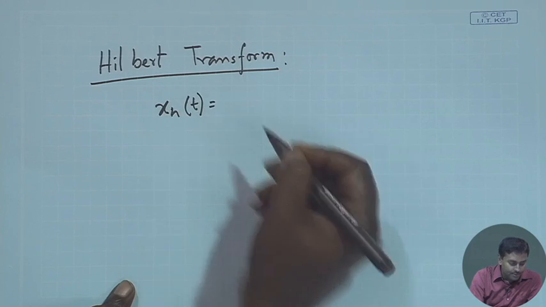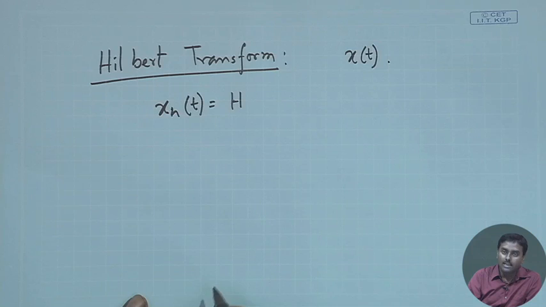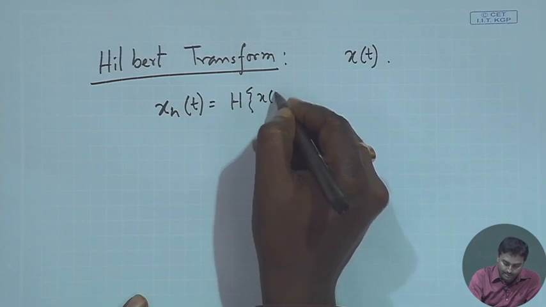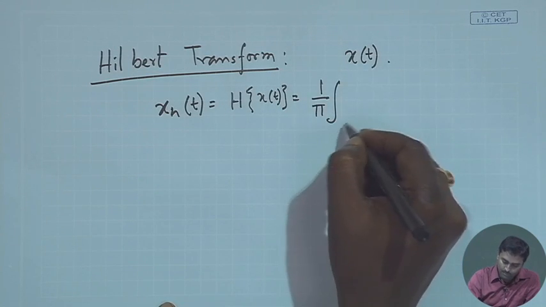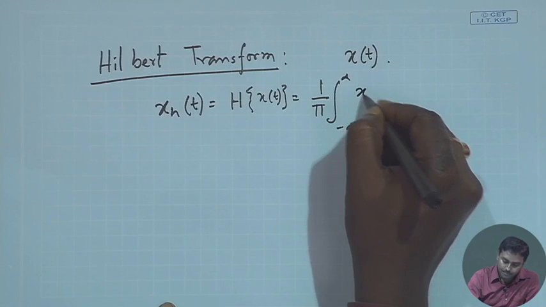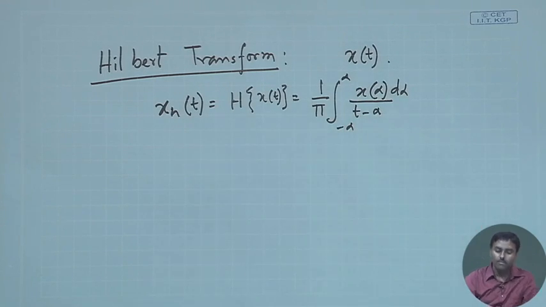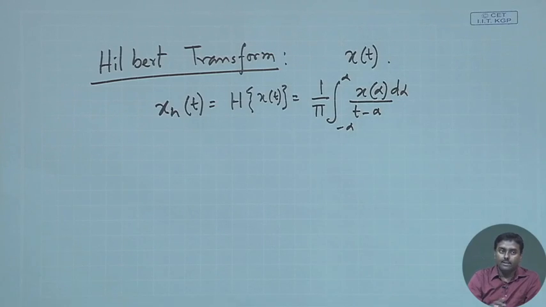Suppose I have a signal x(t), the Hilbert transform of that signal will be x_h(t), which is the Hilbert transform of x(t), and it is represented as 1 by pi, integral of x(alpha) d alpha divided by t minus alpha. Of course it is a function of t, and I have taken alpha as the dummy variable for integration.